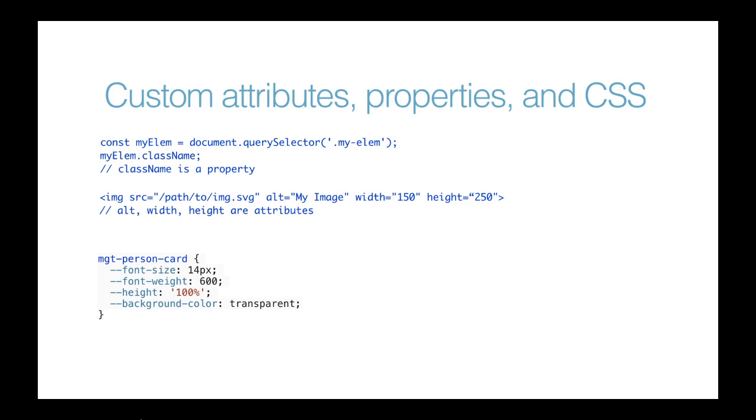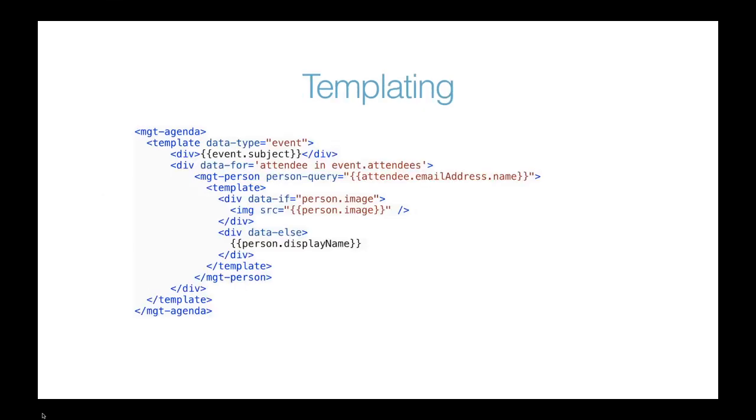And if you're using HTML and supplying the alt text, width and height for your images, those are called attributes. And CSS custom properties is just shown as below, and the syntax is just dash dash and then the name for it.